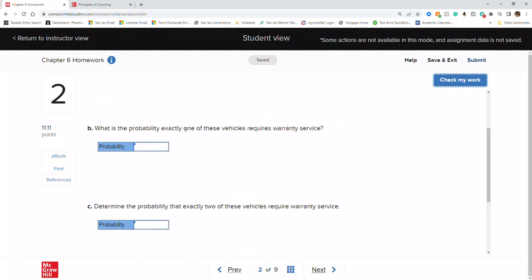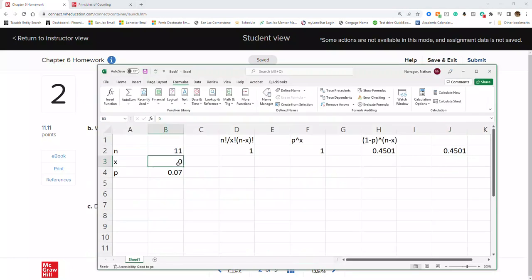Why? Because the only number that's going to change is our x. Now it's 1, and the next one's 2. I could just put in 1 and have it run the calculation, but I'm going to do something a little bit different here.